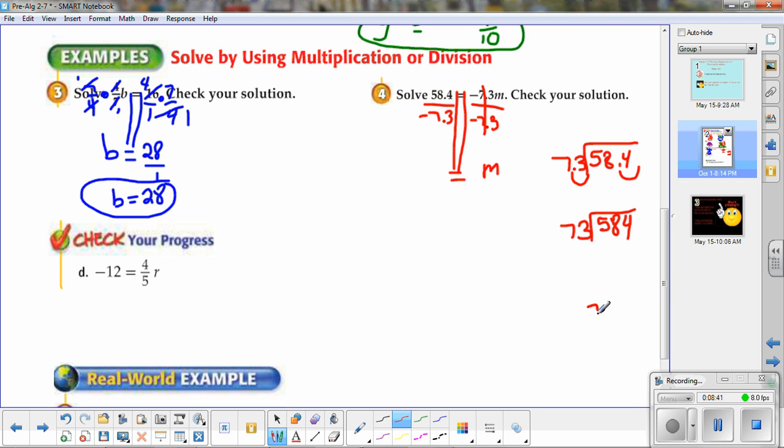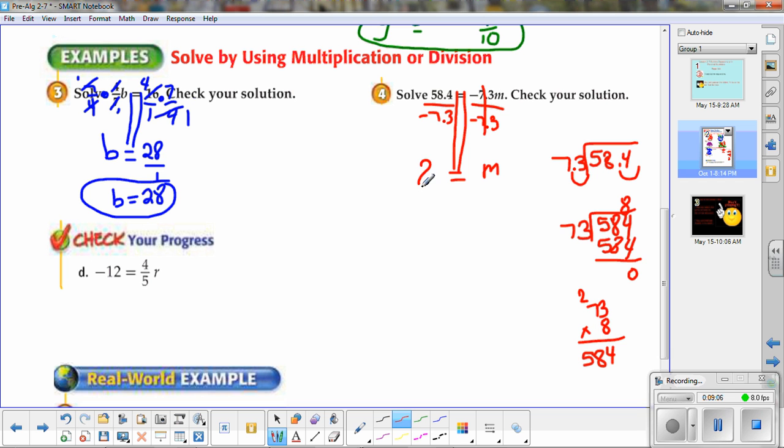If I want to check it, 73 times 8: 8 times 3 is 24. 8 times 7 is 56, plus 2 more is 58. That actually works out perfectly. 73 goes into 584 8 times with nothing left over.